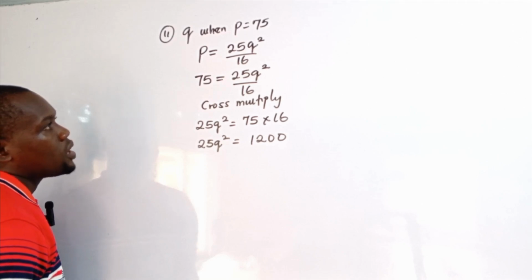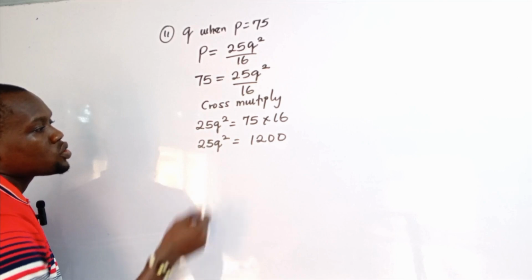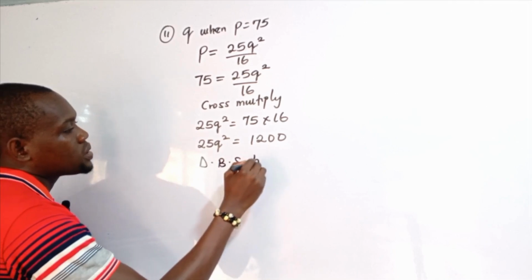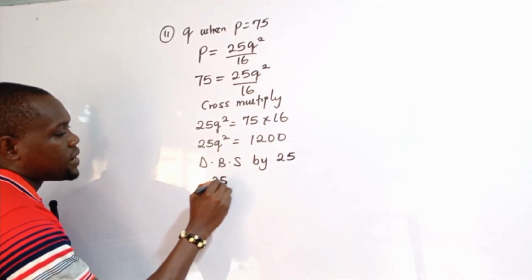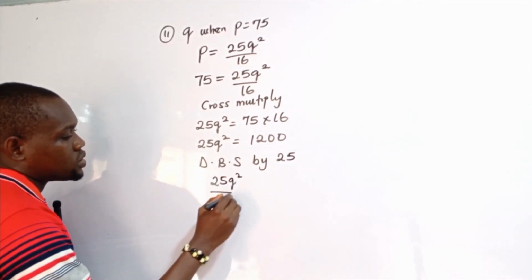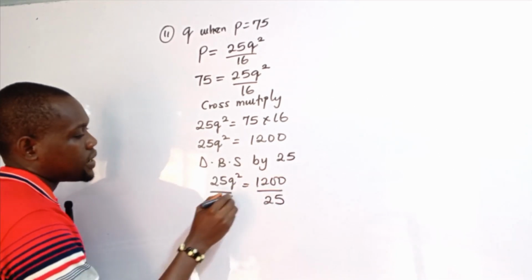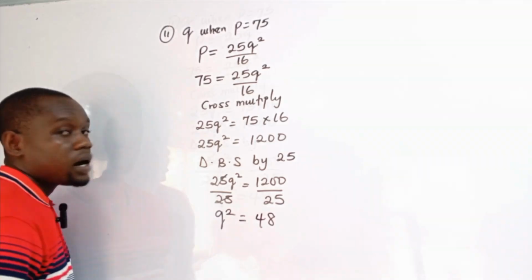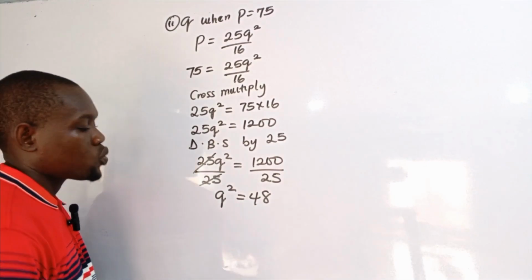And then from here, we should be able to go ahead to divide. So by the time we divide both sides by 25, we should have 25 Q squared over 25 is equal to 1200 over 25. So Q squared should give us 48. And for us to get the value of Q, we have to square root both sides.